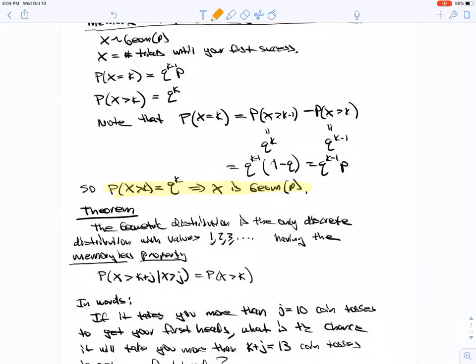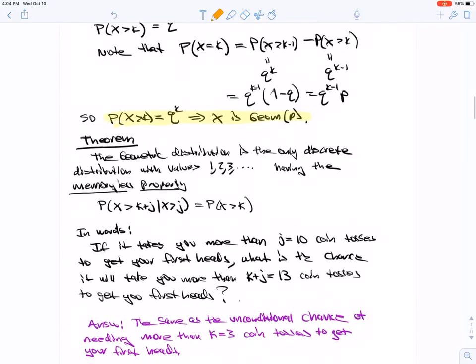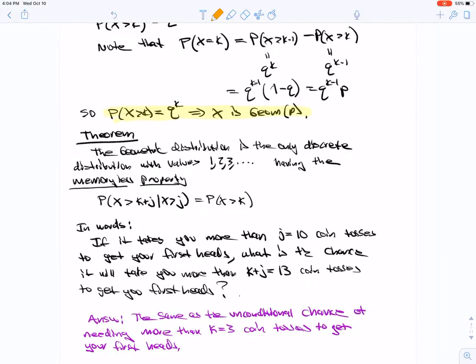Of course, the probability that X is greater than k is 1 minus the CDF, and I already said that the CDF characterizes the distribution. So now we have a theorem that the geometric distribution is the only discrete distribution with values that are natural numbers having the memoryless property.